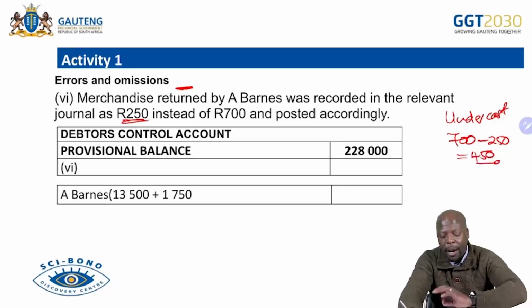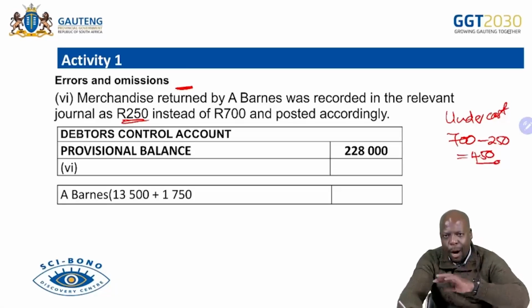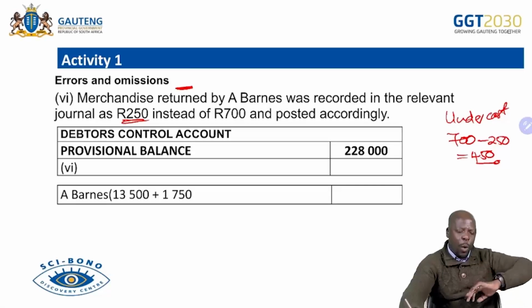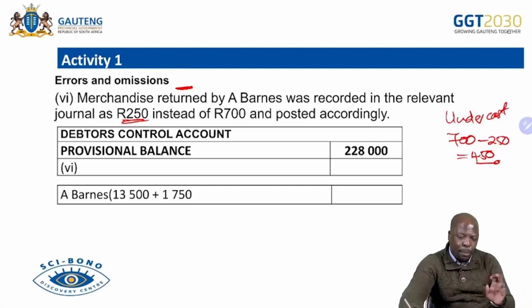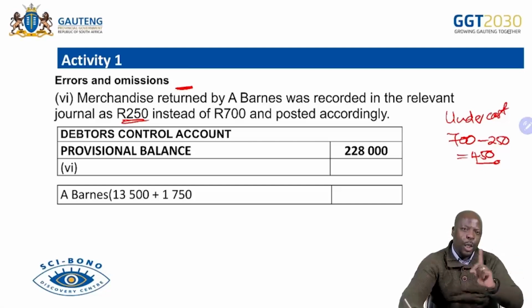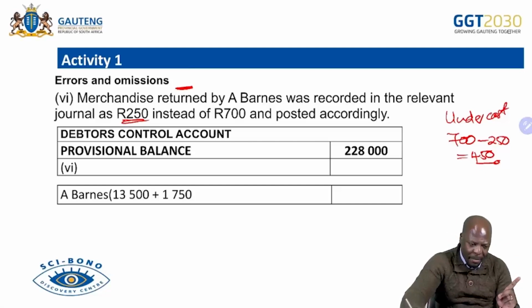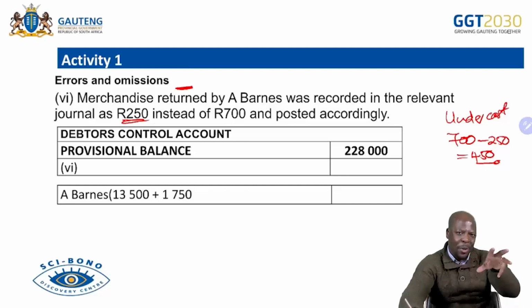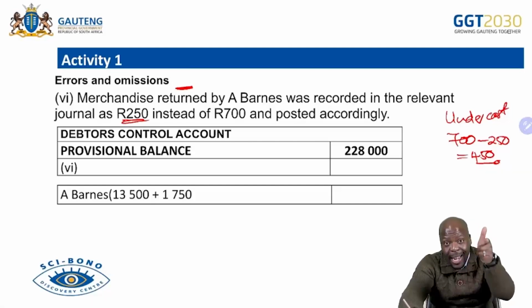It becomes 450. So let's now think what exactly happened. A debtor returned goods to us. And when we went to the relevant journal, we were supposed to record 700, but we recorded what? 250. What does that mean? It means when we're posting, we're posting an amount that is already wrong. Where do we post? We post to the control, we post to the list.